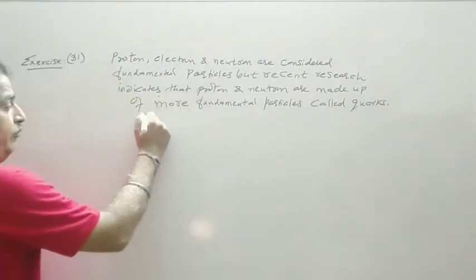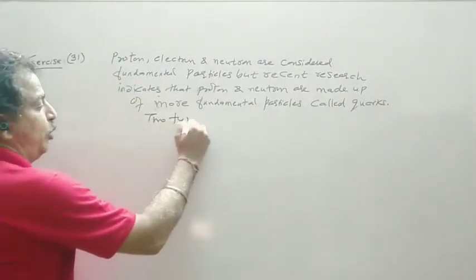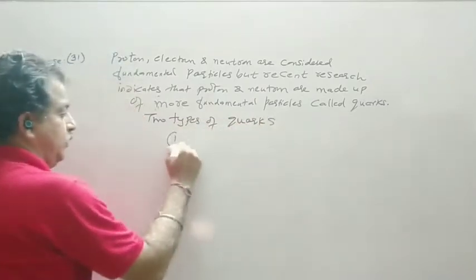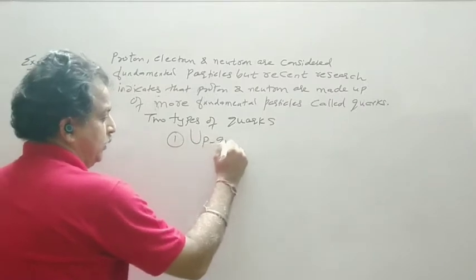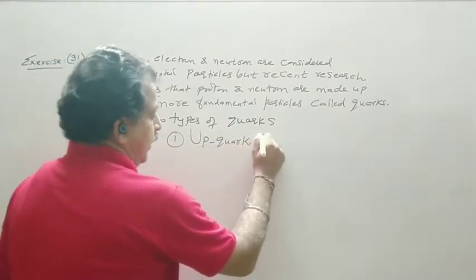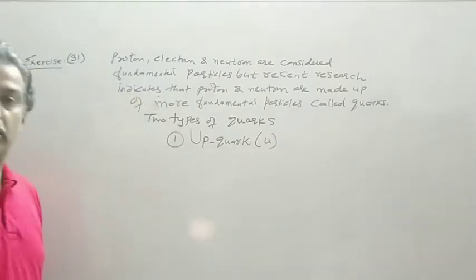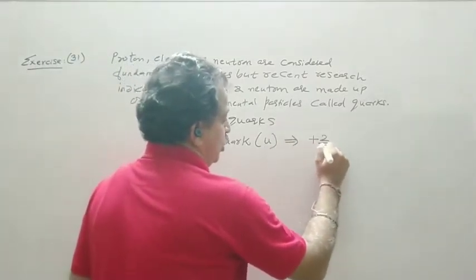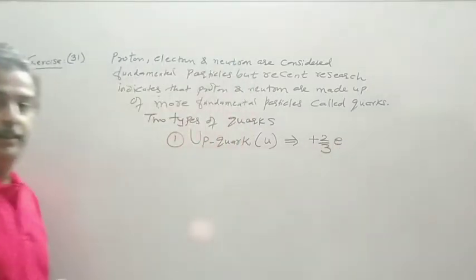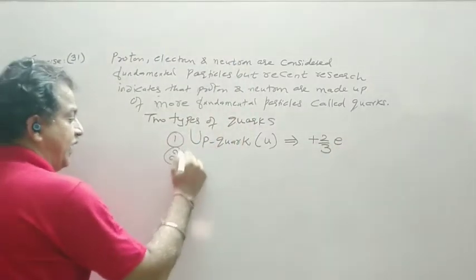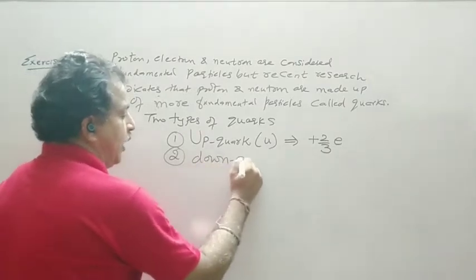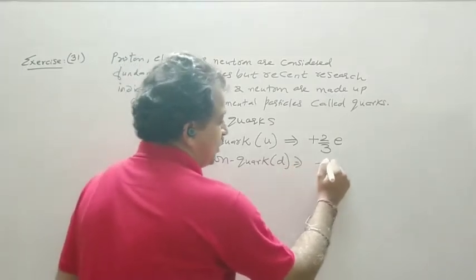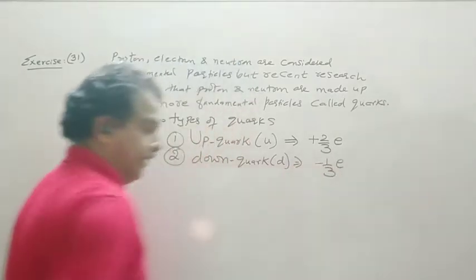So we consider only 2 types of quark. Number 1, up quark, denoted by small u, and the charge of this quark is plus 2 by 3 e. And second is down quark, denoted by small d, and its charge is minus 1 by 3 e.